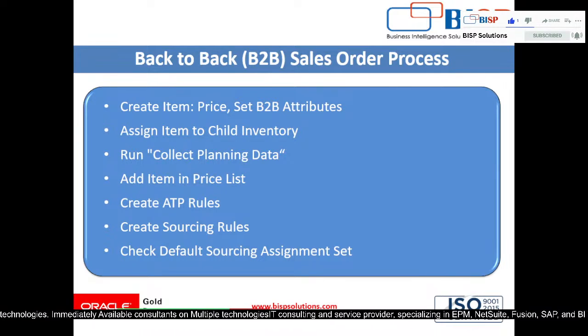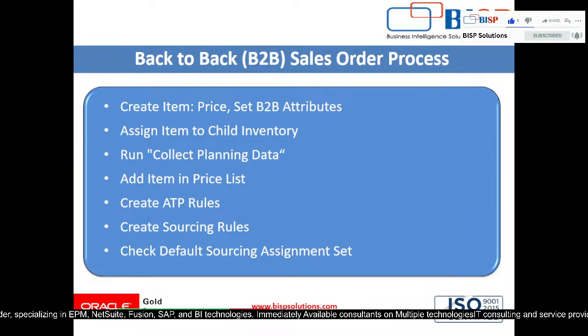In this item, we have to enable the B2B attribute. Later, if the item is new, you have to assign it to the child inventory. If it is a seeded item, there is no need to assign it to the child inventory. Now we have to run Collect Planning Data.